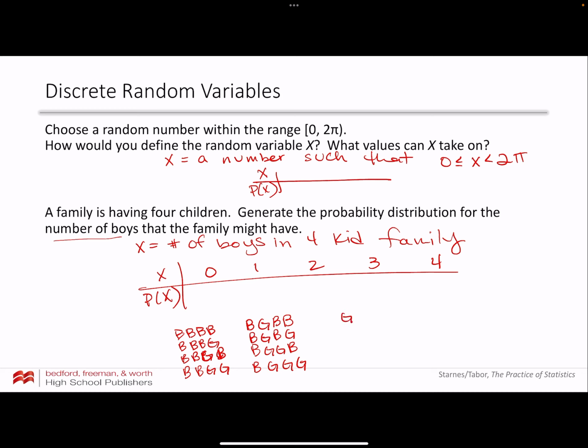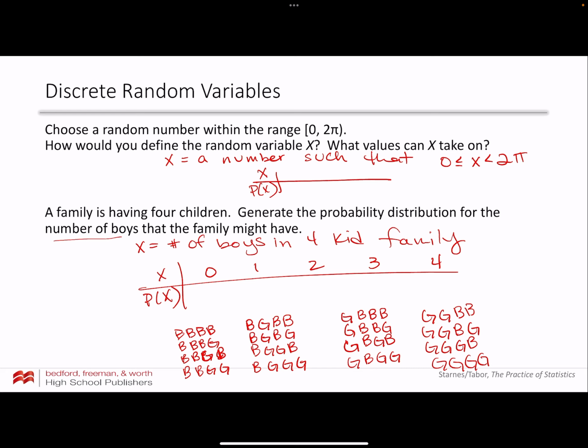Now let's flip and have the girl being the oldest. Okay, so there's 16 possible outcomes, right?